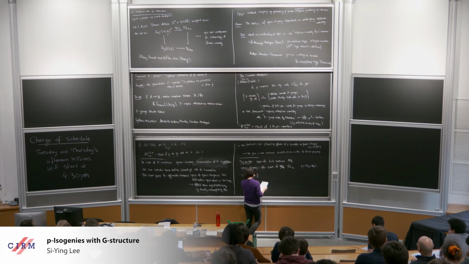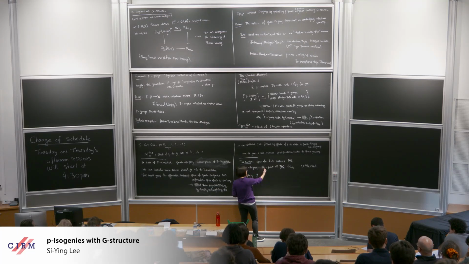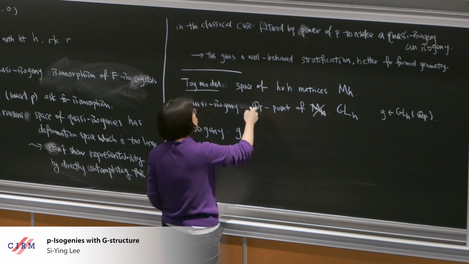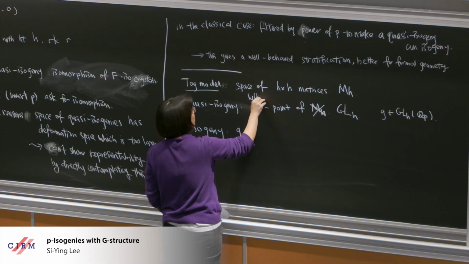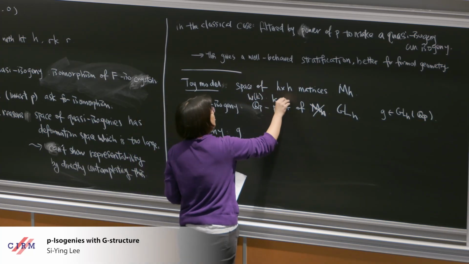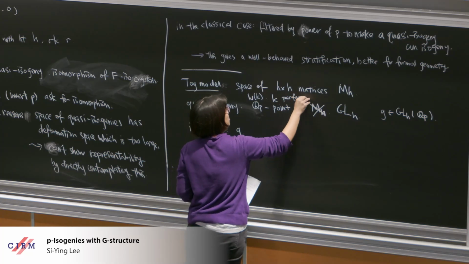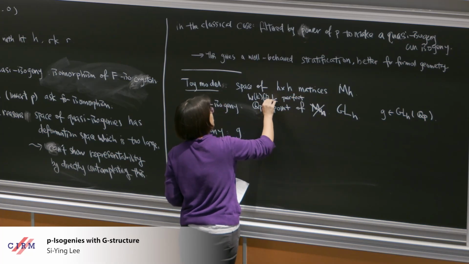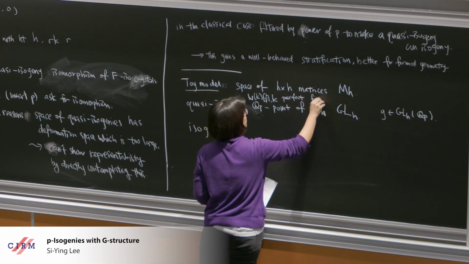For instance, thinking of a quasi-isogeny is thinking of some sort of rational points. Not just QP, but maybe a WK point, or rather a 1 over P point, where K is a perfect field.